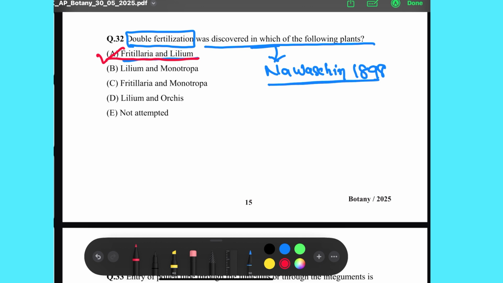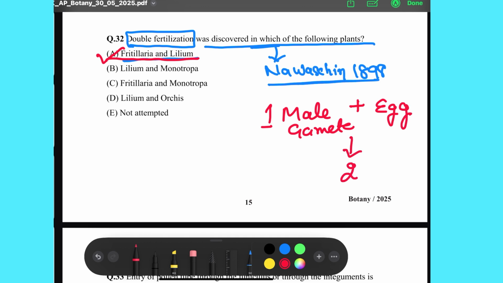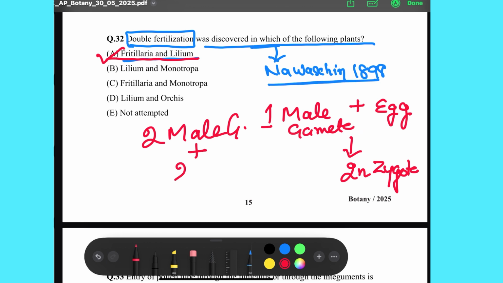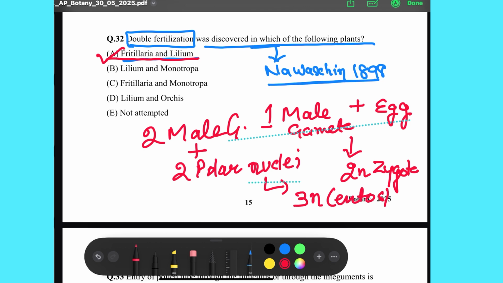What happened? One male gamete fuses with the egg and gives a 2n zygote, and the other second male gamete fuses with 2 polar nuclei that give 3n endosperm.